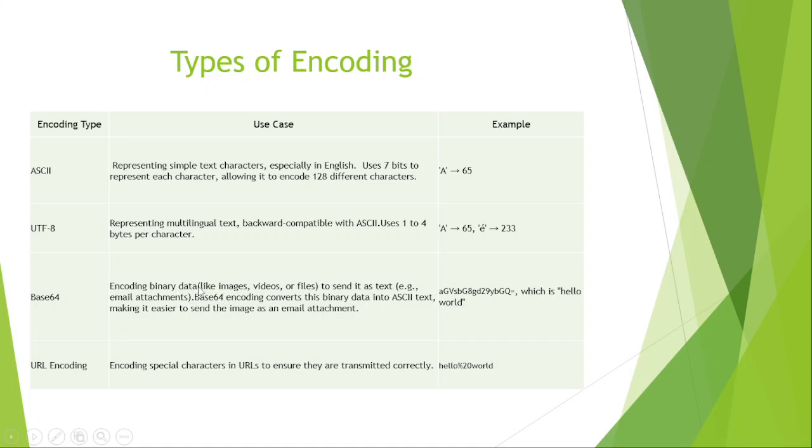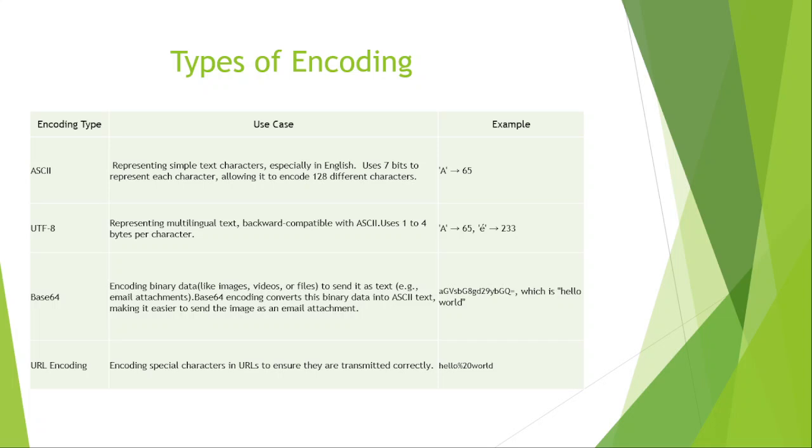So whatever we are sending, the image, video or file, these are also called binary data. If you want to send binary data over an email attachment, we use base 64 encoding.